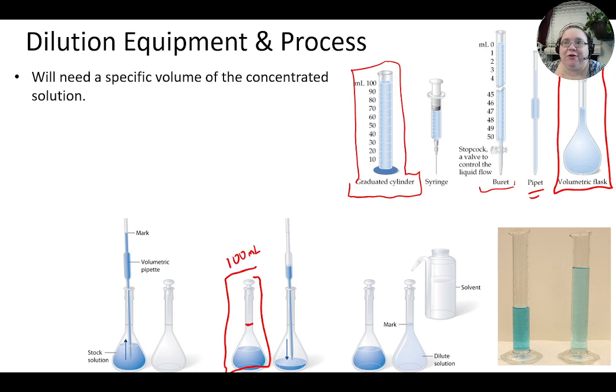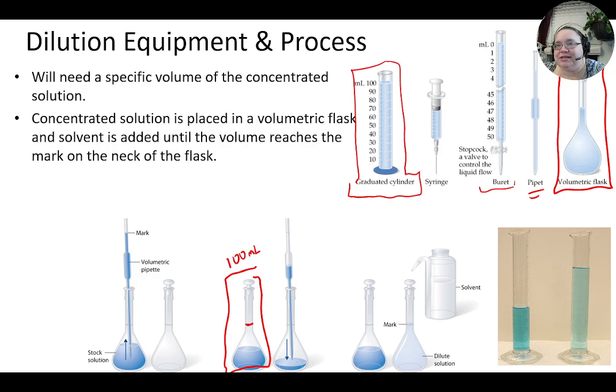So I use either my graduated cylinder or my burette to put 12 milliliters of hydrochloric acid into that volumetric flask. Then you add solvent to that volumetric flask until the solvent reaches the line on the neck.